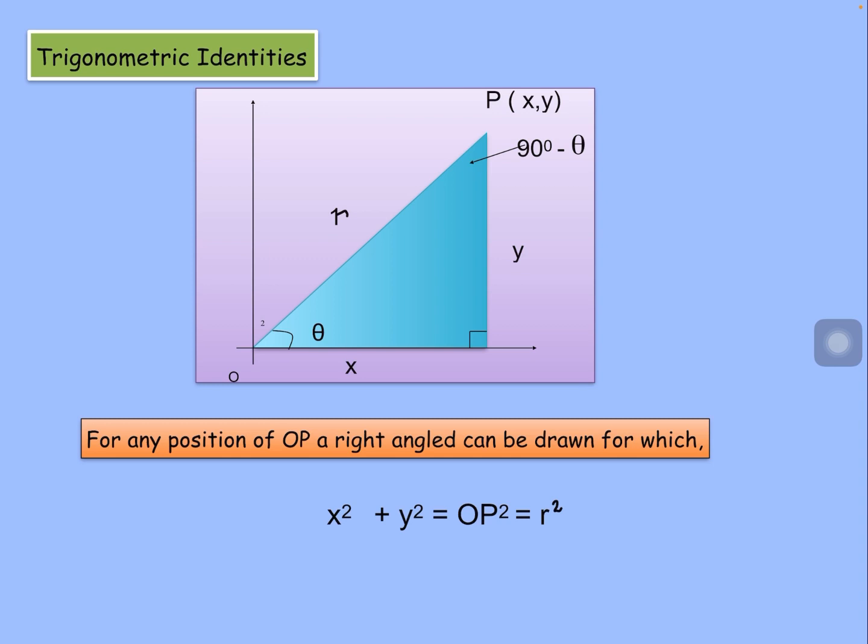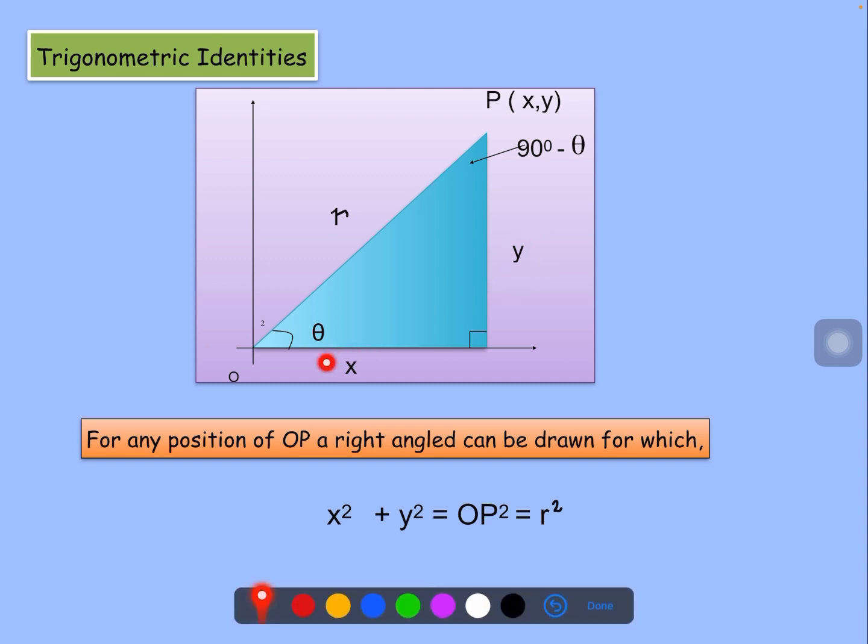Okay, this is the right angled triangle. The opposite is y, the adjacent is x, and the hypotenuse is r. So therefore, we have here x squared plus y squared equals OP squared equals r squared.